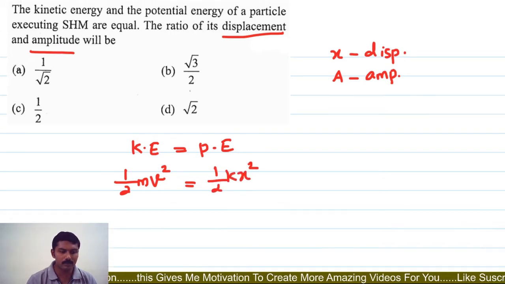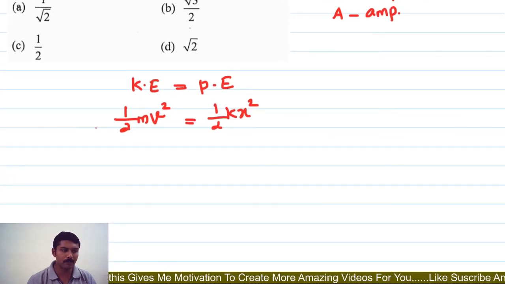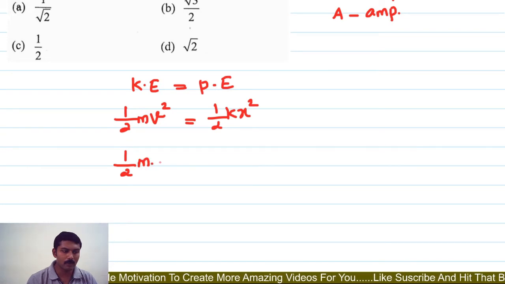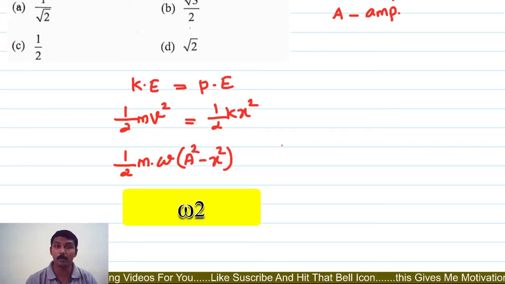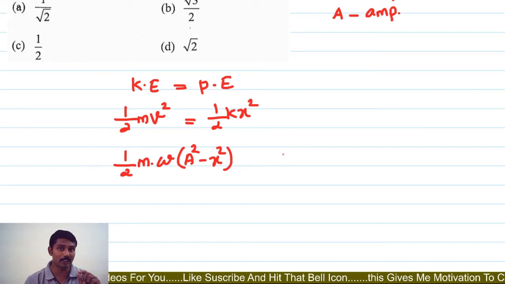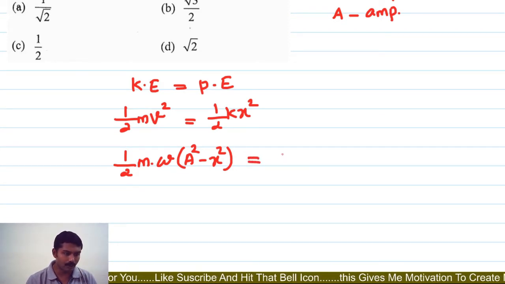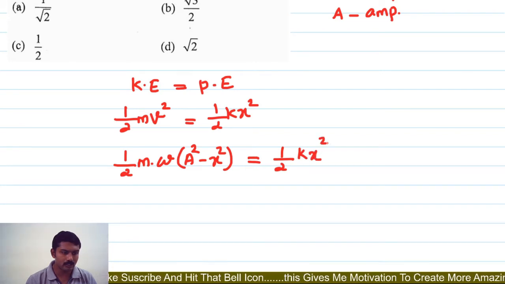We'll put the terms in the same form and make sure that they are substituted in the same way. Half m into v square, you can substitute v square as omega square into (a square minus x square). This will be a pretty important equation this year for the NEET examination. Which is equal to half k x square.